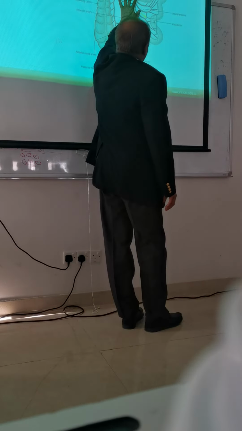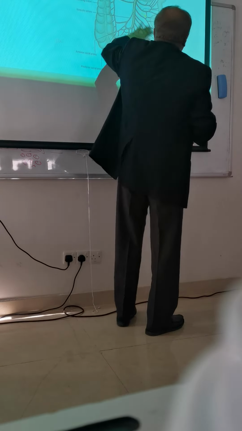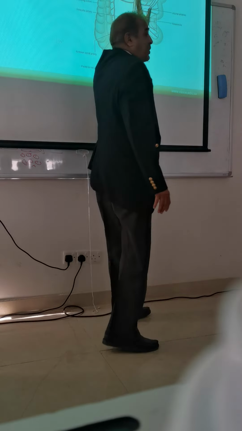So this is the superior mesenteric artery, which is a branch from the abdominal aorta. The superior mesenteric artery is supplying the jejunum and ileum, both. They give the inferior pancreaticoduodenal, middle colic and right colic. Where is the left colic? Colic means colon, and colon means large intestine.